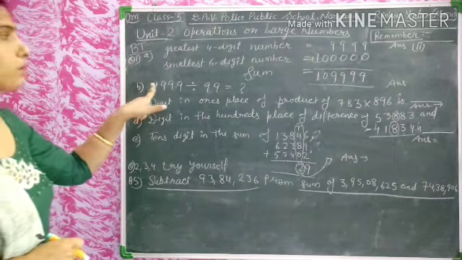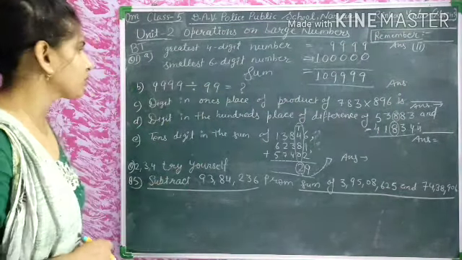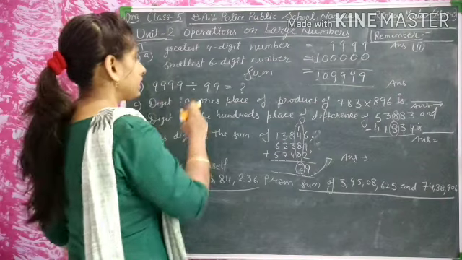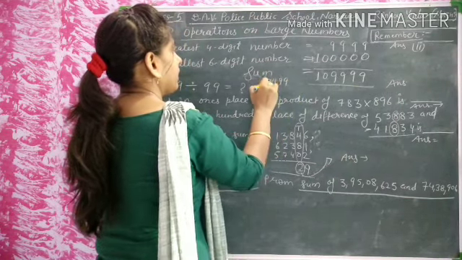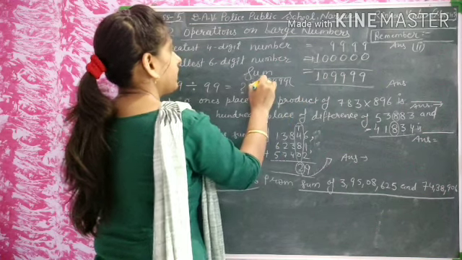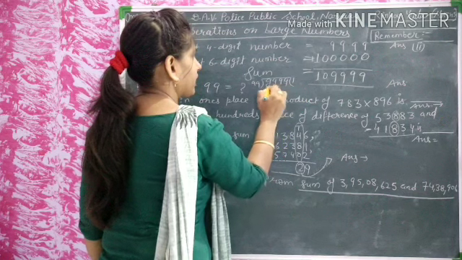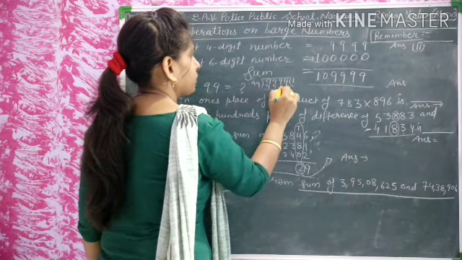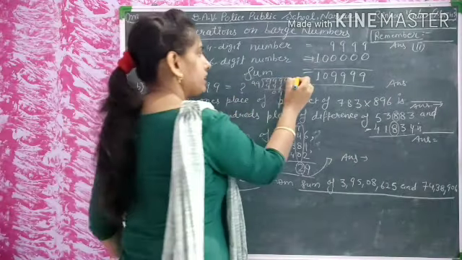part B. Part B is to divide this by this. So dear students, you are seeing 9999 divided by 99. This is 99, 1 times 99 equals 99, and the remainder is 0. Next is 9, so it doesn't divide it.